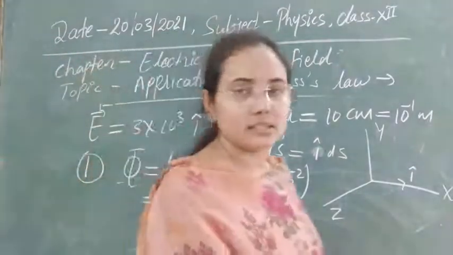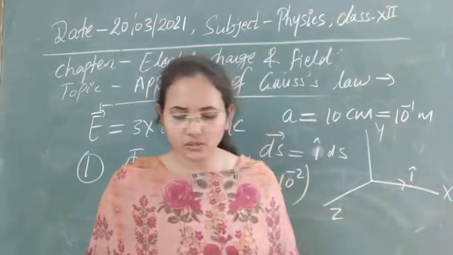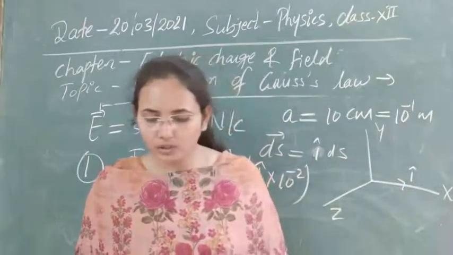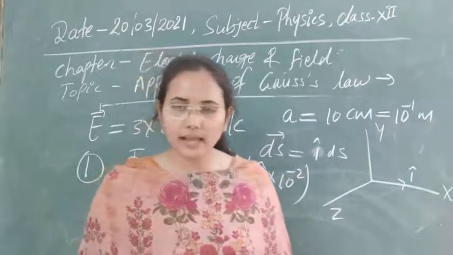So this is the value of the flux for this particular case. In the second question, it is given: what is the flux through the same square if the normal to its plane makes an angle of 60 degrees with the x-axis?